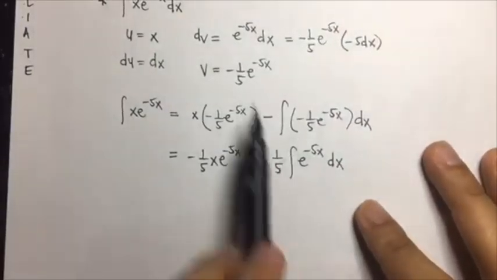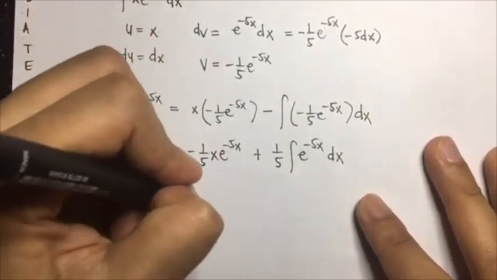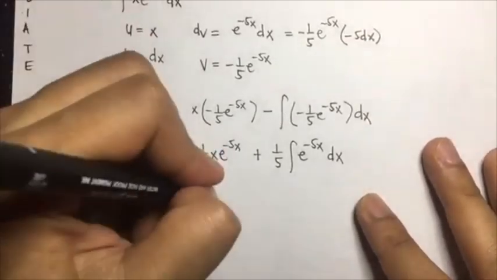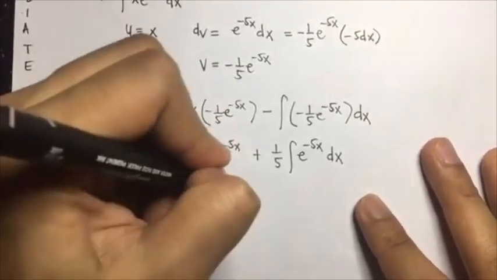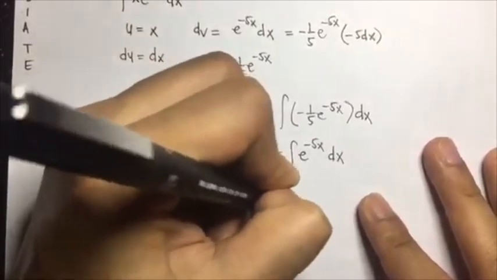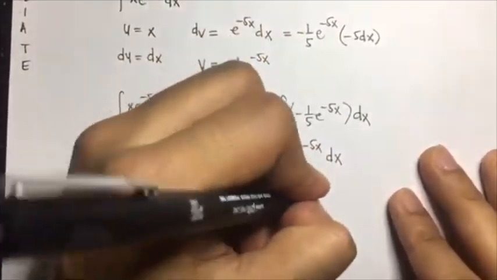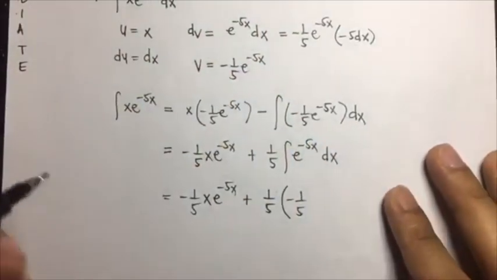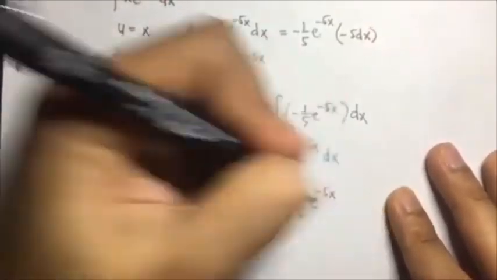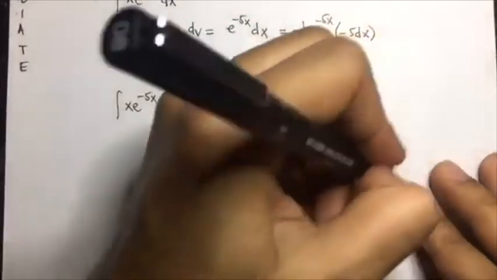Okay, so I think this one is similar to this. Its integral is this. So it will become negative 1 over 5 x e raised to the negative 5x plus 1/5 times the integral of this, which is negative 1/5 e raised to the negative 5x, plus c.